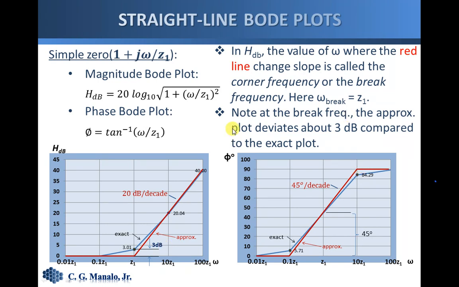The frequency where the red line changes slope, we call it the break or the corner frequency. So in this case, we have a break frequency of z1. But take note that the exact value of the magnitude is actually 3 dB instead of 0.